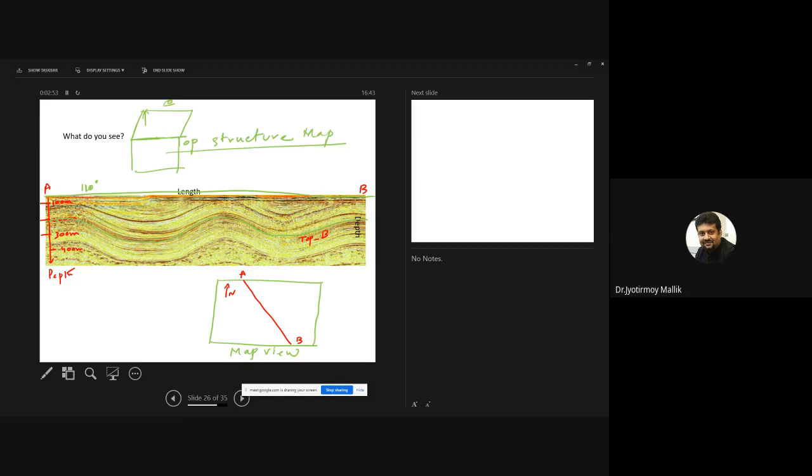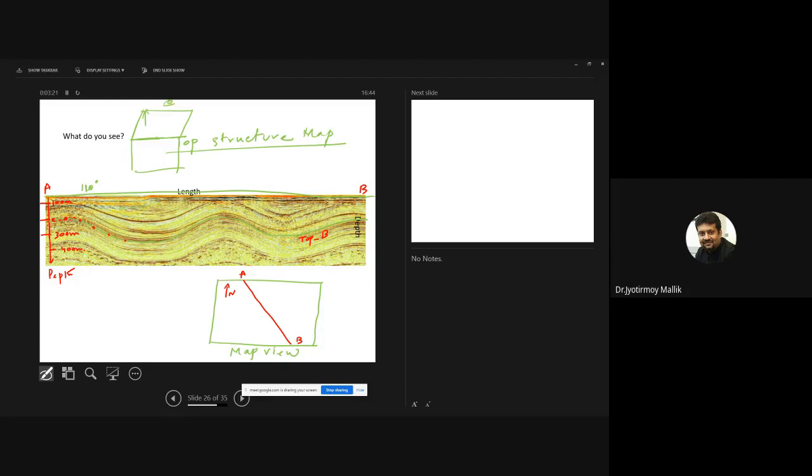So what I will do, while I go from A to B, I will physically count the depth of this top reflector, top B, from the surface. So very close to A, I do that at a regular interval, and the closer my interval, the better result I will have.